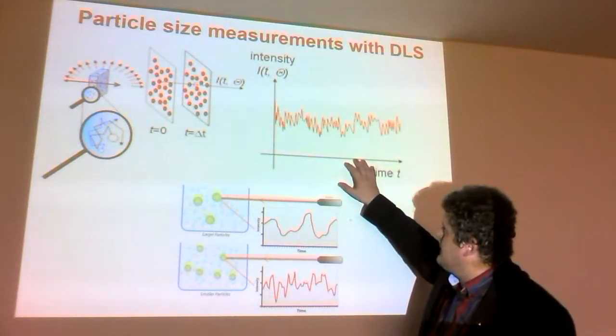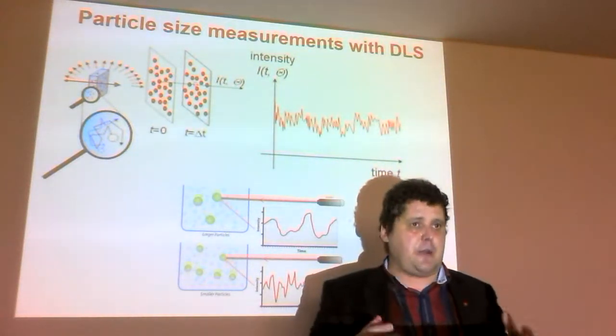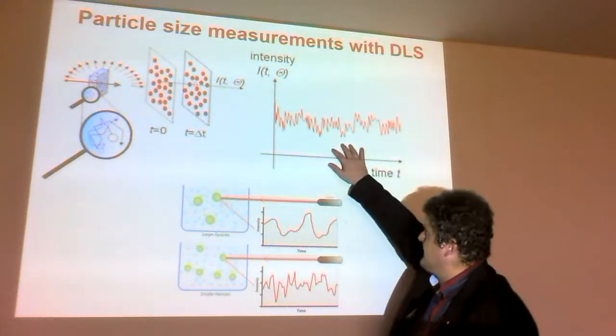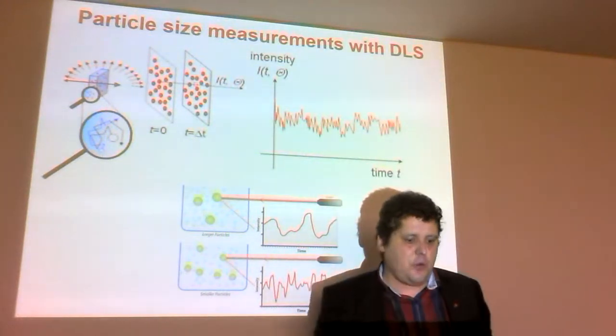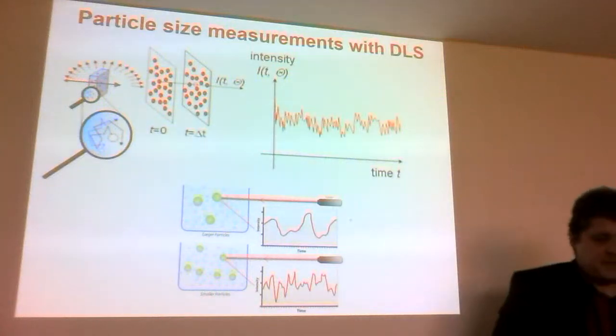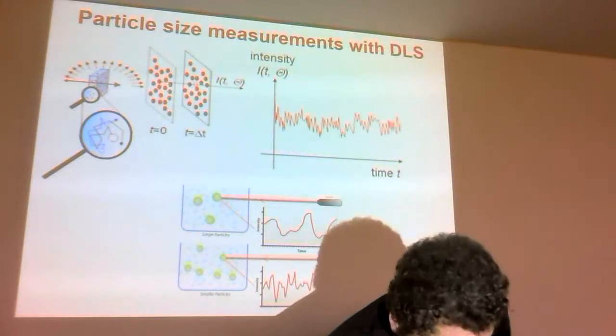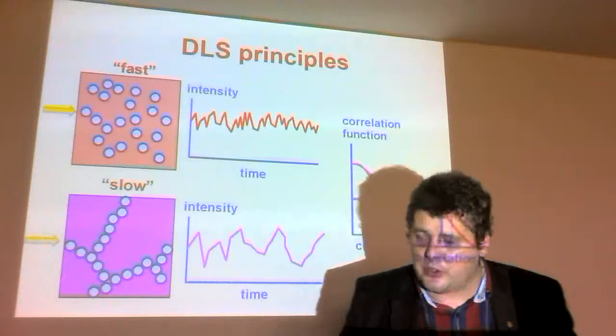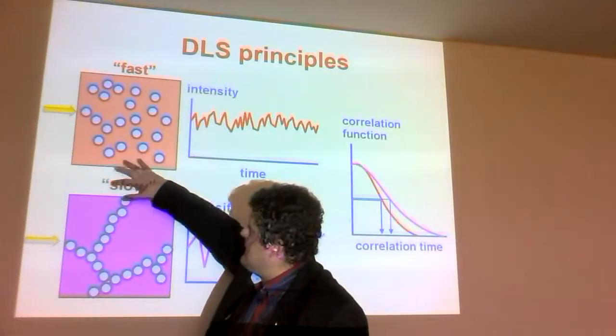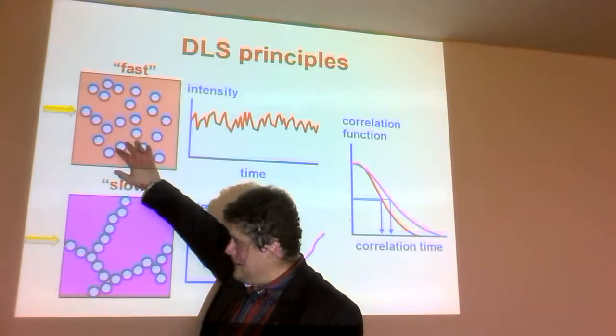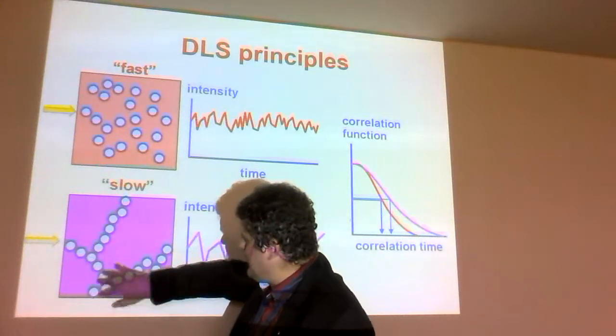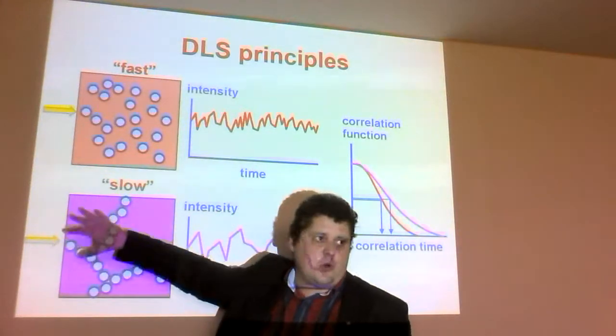It's not always possible to use this scattering signature for a quantitative measure. The other issue is that we have, say, Brownian motion, or fast motion of particles, and if particles aggregate and stick together, they have slow motion.